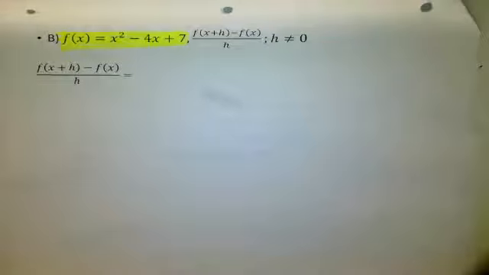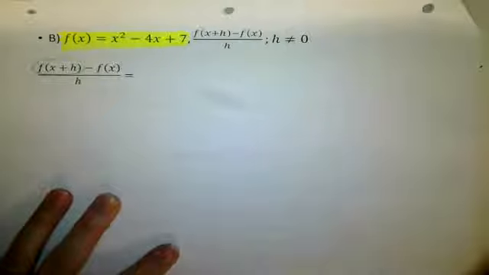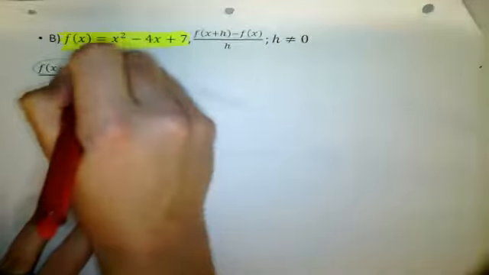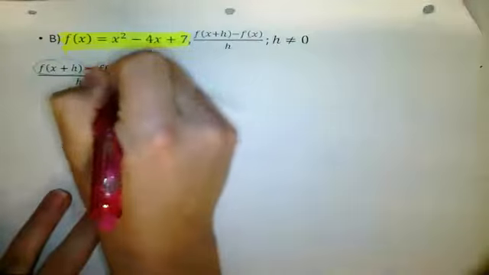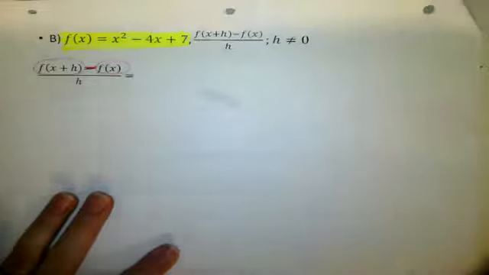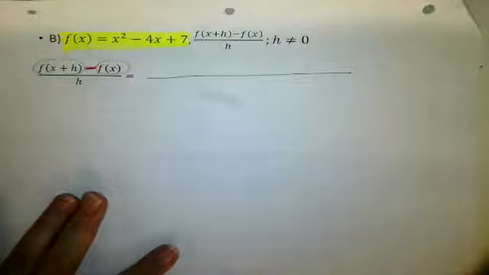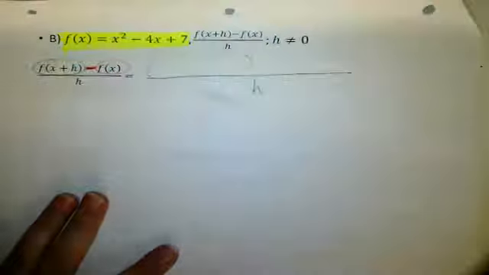It's weird that they assume it everywhere else, but here they're being specific about it. And again, we have two portions. We have the first part, we want to find f of x plus h, subtracting the second portion, the f of x. So I'm going to set it up just like this, with the blue part minus the red portion all over h. Blue portion minus the pink portion.